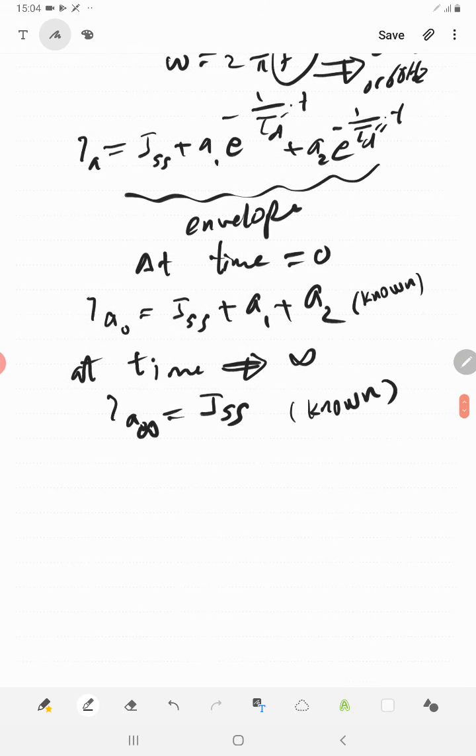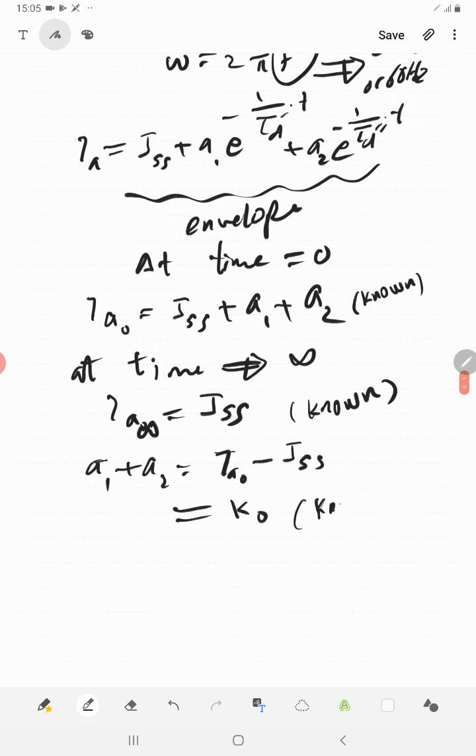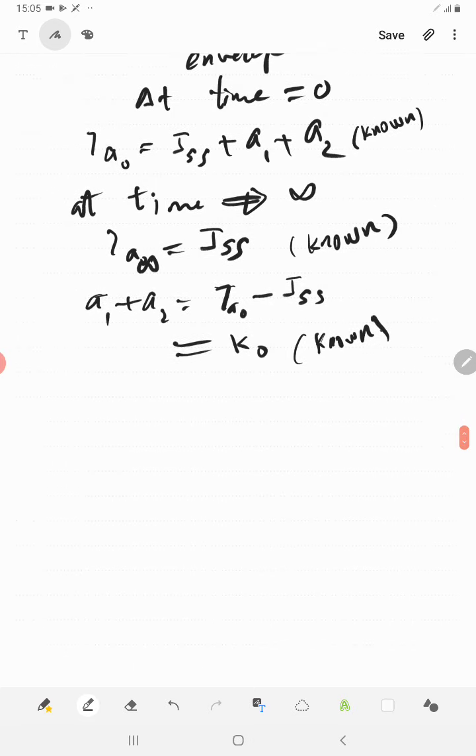Okay? And A1 plus A2 is equal to IA0 minus I steady state. Let's say this is equal to K naught. So we know it. But we don't know A1 and A2, what they equal.